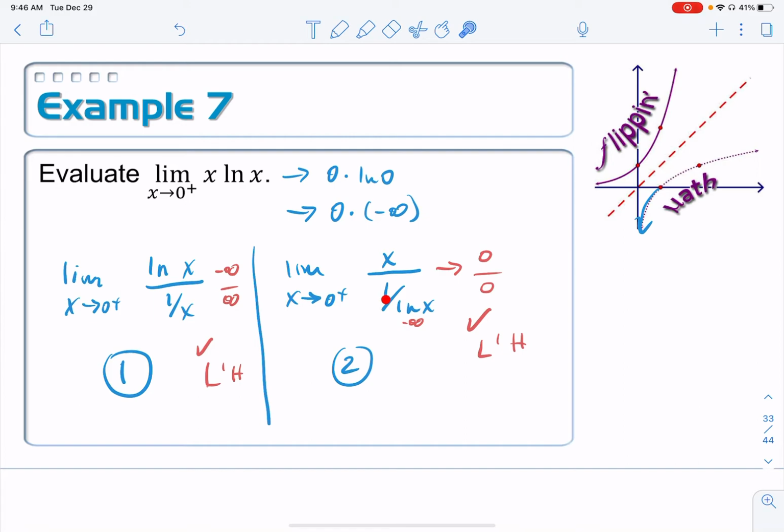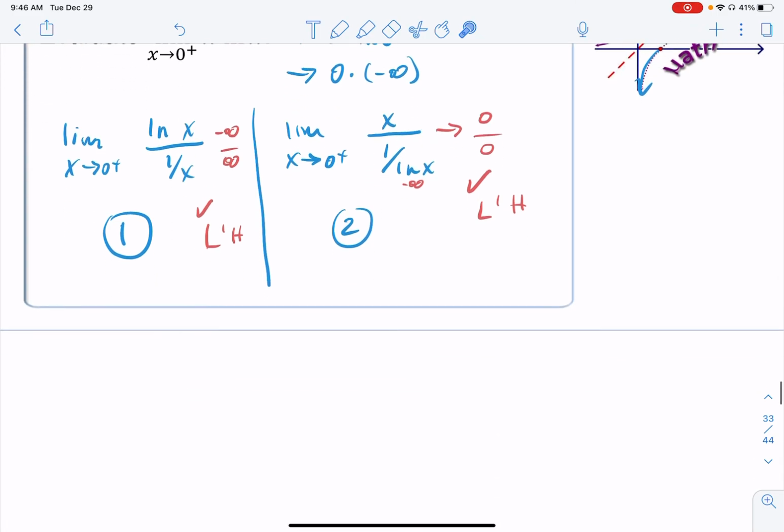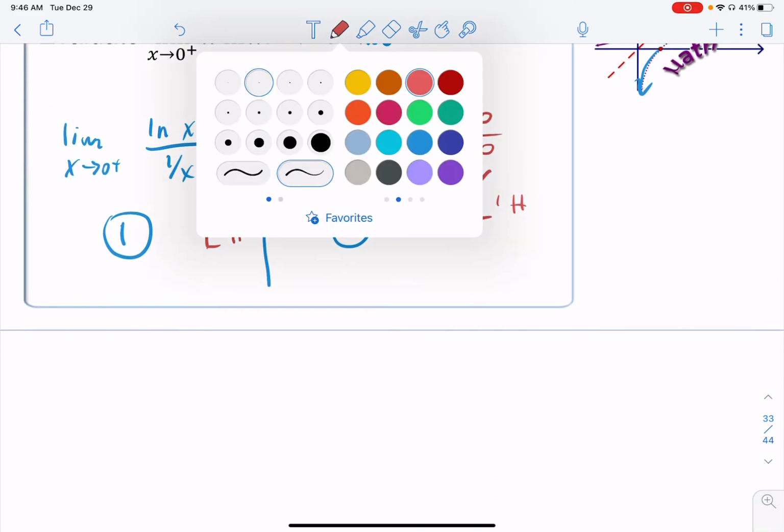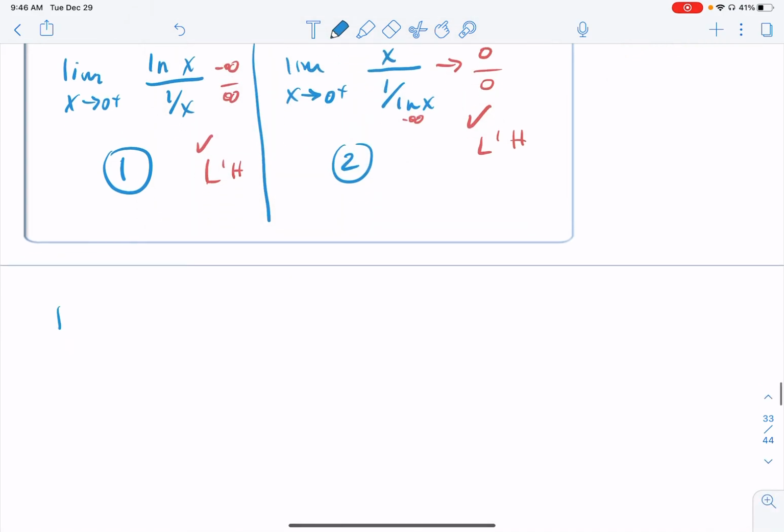But on the bottom, you'd have to rewrite this as the natural log of x to the negative 1 power. Use the power rule and the chain rule on that thing, and this one would not be as easy to do as this one over here. So we're going to use option number 1. Hopefully whenever you're actually having to do this, it doesn't take you this long to decide.